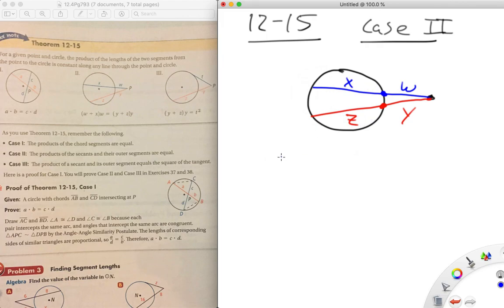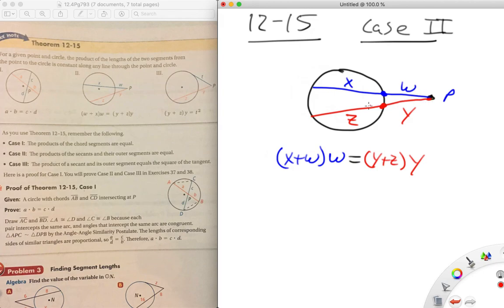If I was to add X and W, and then multiply it times the outside length, from P to W, so I multiply that times the whole entire line segment, X plus W. That is going to be equal to Y plus Z times the outside segment of that line, times Y. Okay?